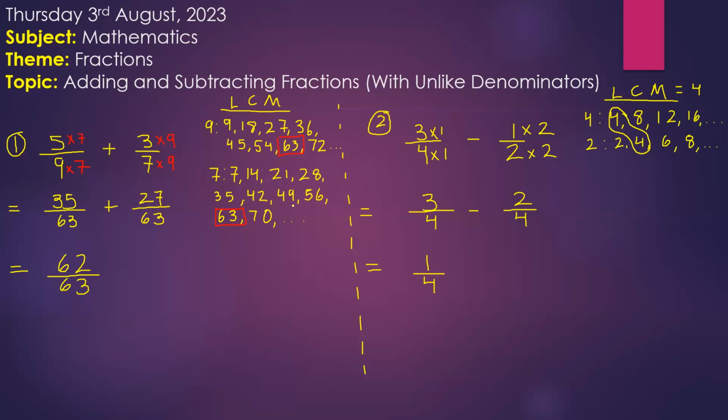Okay, so if the top number is less than the bottom number, then it's a proper fraction. So these are proper fractions. We don't have to do anything with them. Both of them are proper fractions because the top number is less than the bottom number.